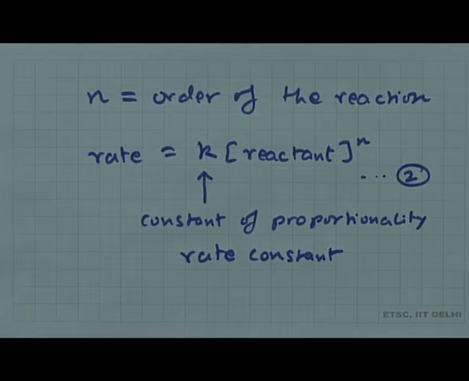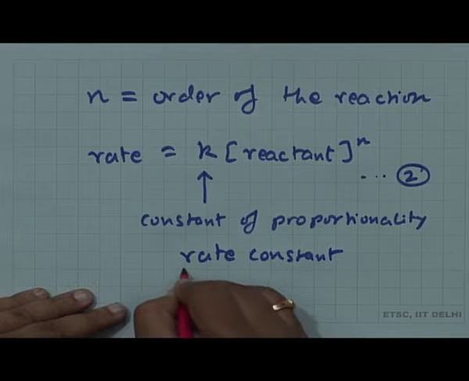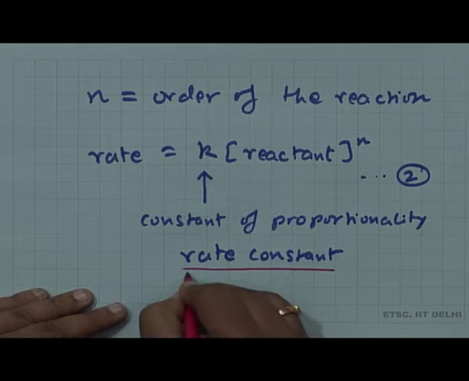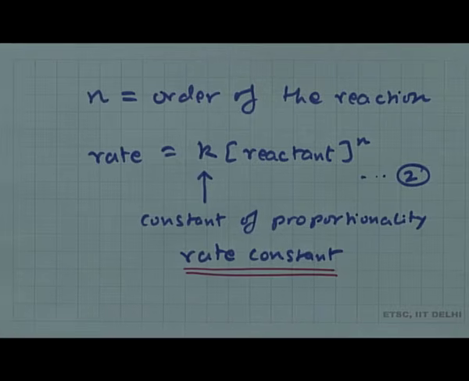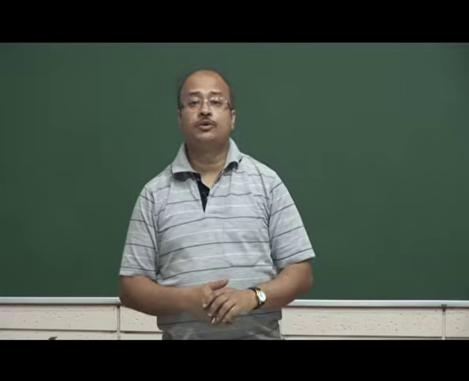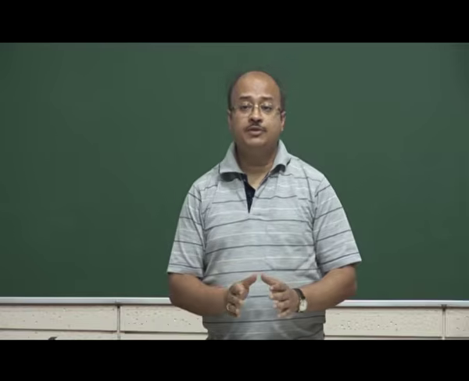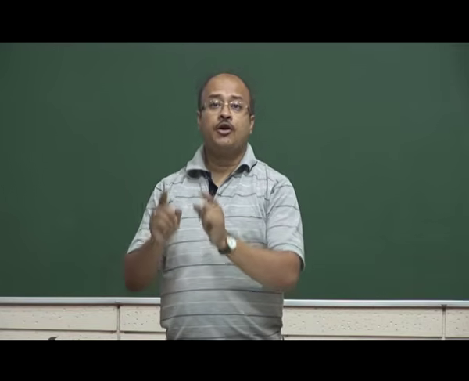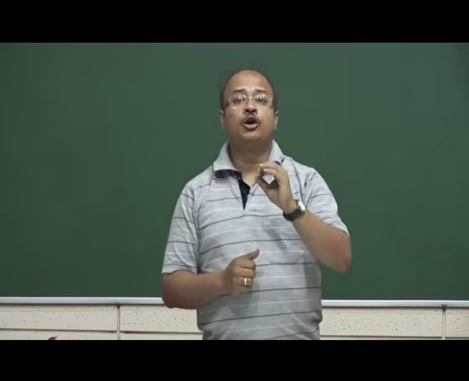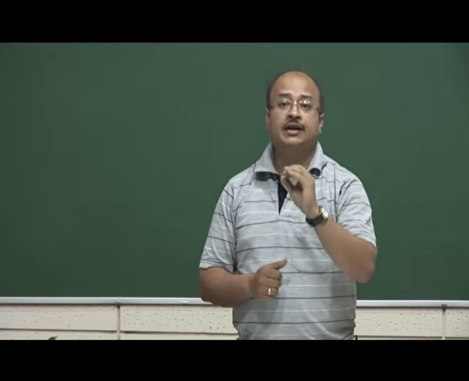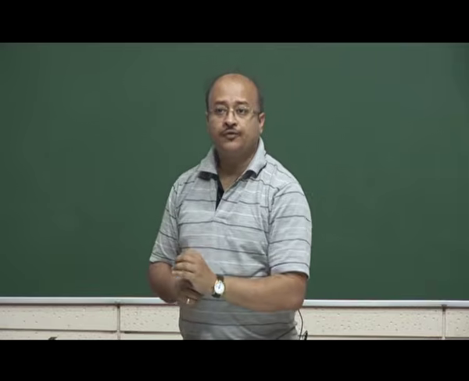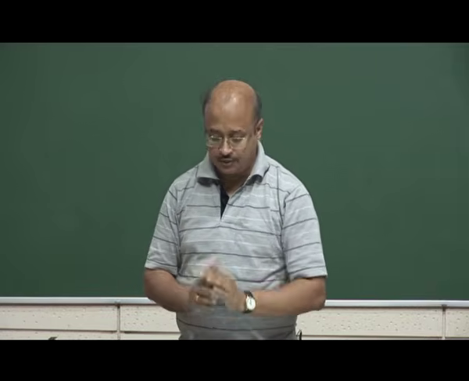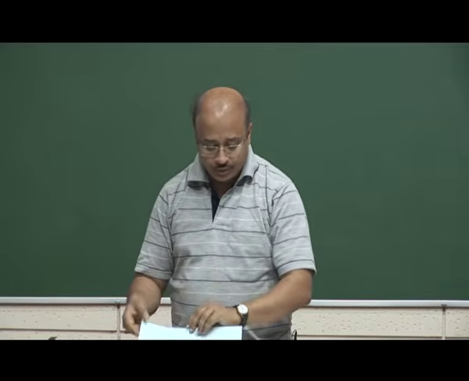Again, this is a very important term in chemical kinetics, which is the rate constant. So, what is then rate equal to? Rate is equal to the rate constant K times the concentration of the reactant raised to the power n, which is the order which tells us the exact nature of the variation of the reaction rate as a function of the concentration of the reactant. Okay.